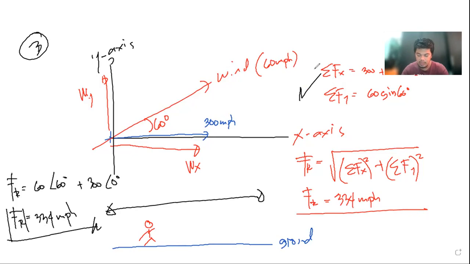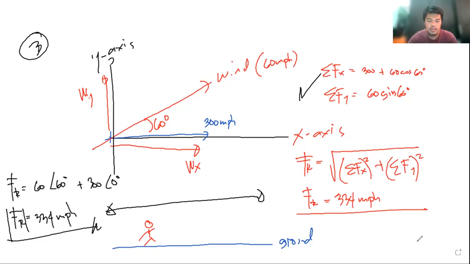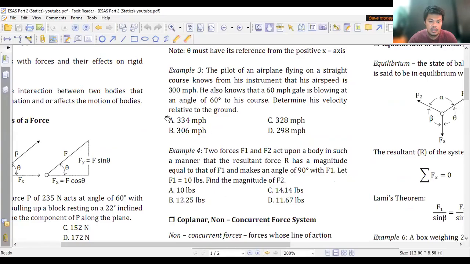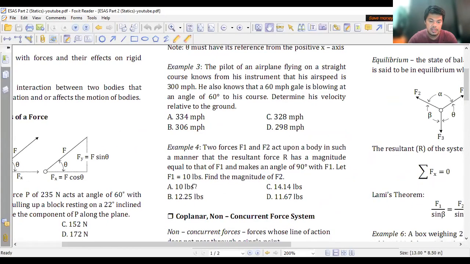Then we'll proceed to the next. Before that, we'll check if 334 MPH is available. Yes, it's letter A, 334 MPH.